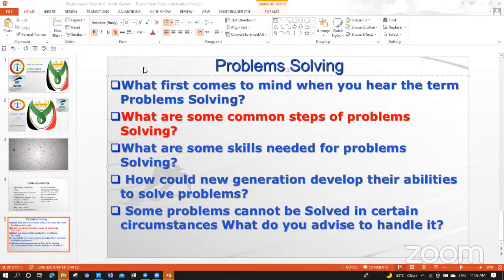I think the first step is to identify the nature of the problem and see what the causes behind it are. The third step is to see all the possible solutions to deal with the problem. So I think these are the steps we should take to solve our daily problems and issues. Identify the nature of the problem, see the causes, and take steps toward the possible solutions.